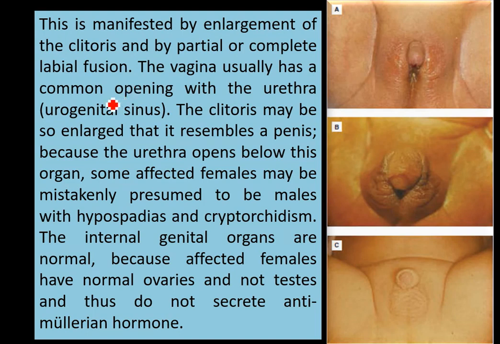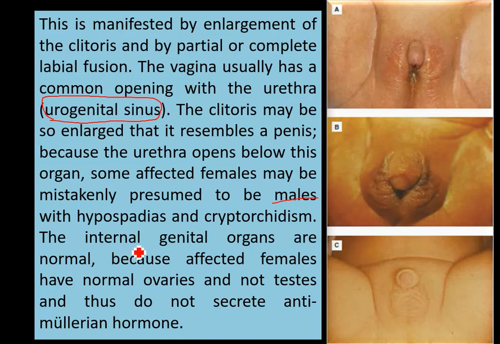The vagina usually has a common opening with the urethra, the urogenital sinus. The clitoris may be so enlarged that it looks like a penis. Because the urethra opens below this organ, some affected females may be mistaken for a male with hypospadias and cryptorchidism.